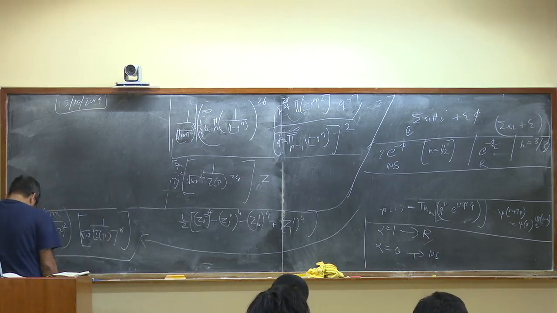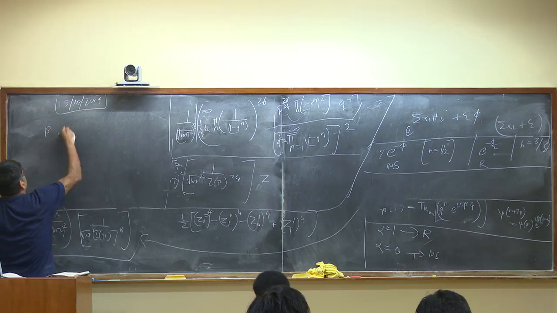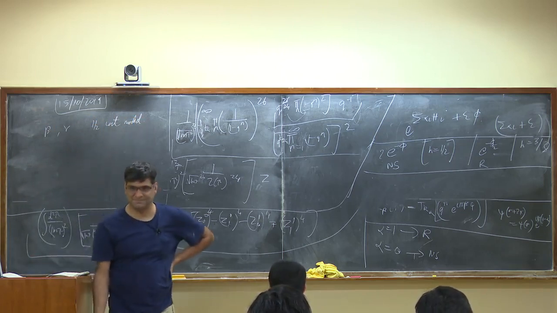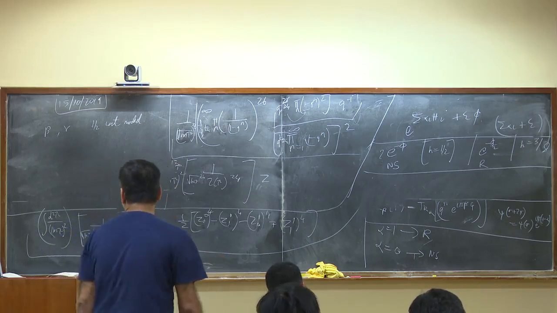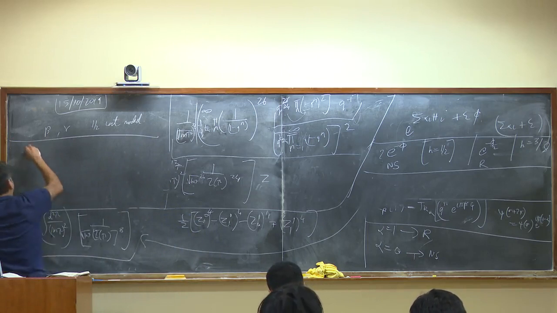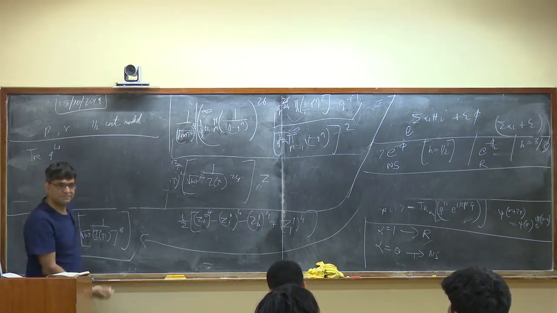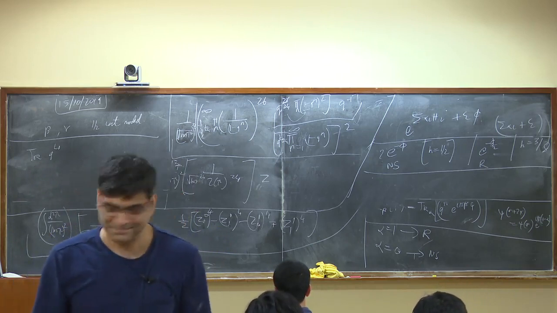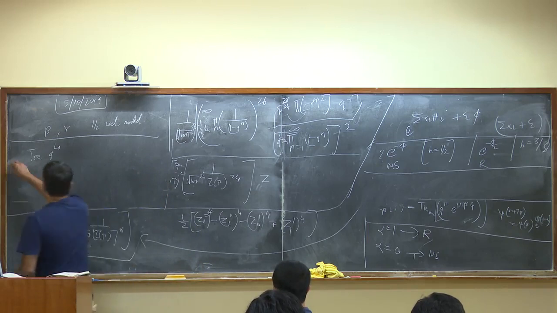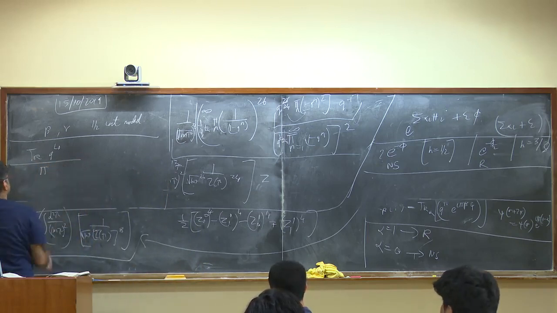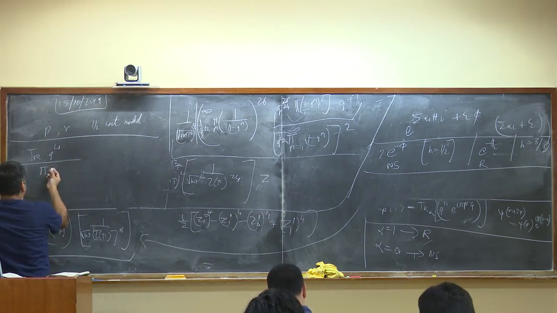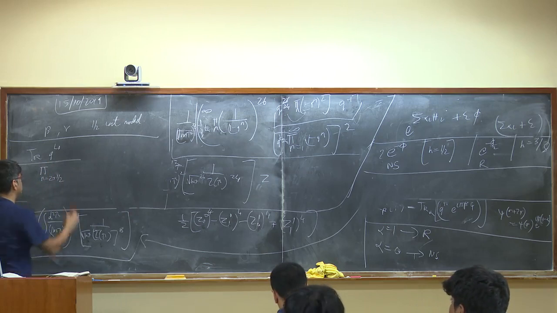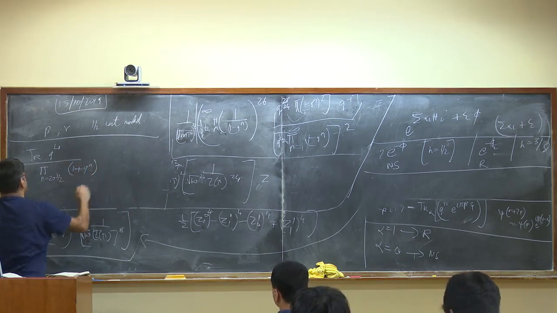Well, in the NS sector, both beta and gamma are half integrally moded. So what we want to do is to compute the trace of q to the power L0 for the beta gamma system. Let's first do the oscillator part, then we'll look at the zero point energy. The oscillator part was the product over n in Z plus half, product over half integers, of 1 plus q to the power n.